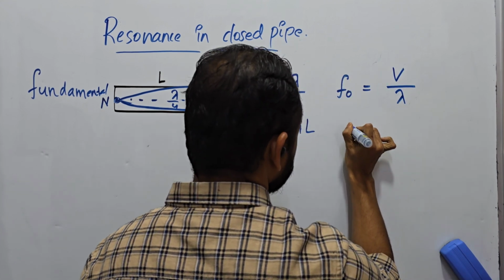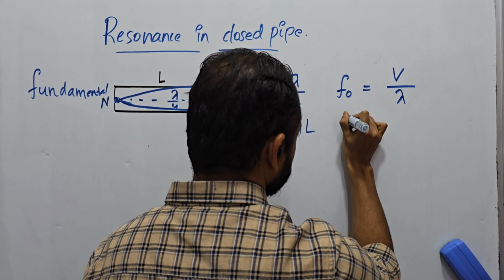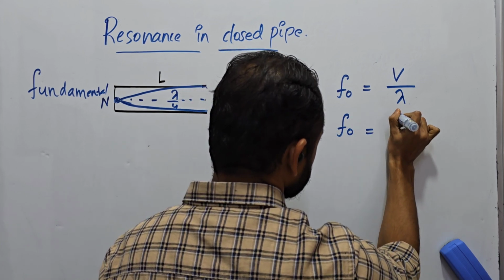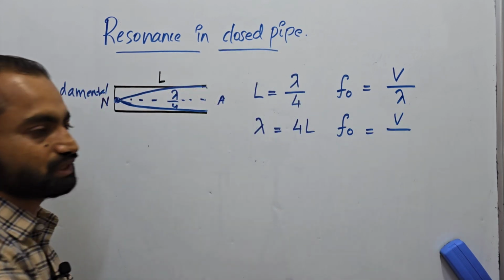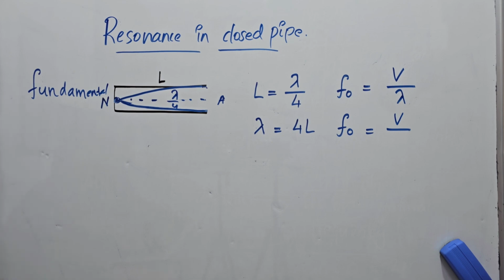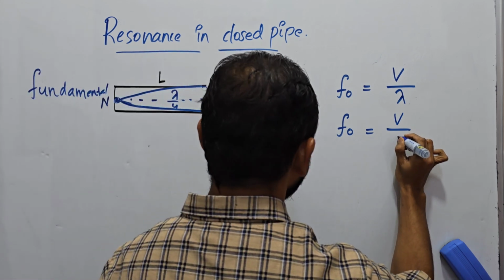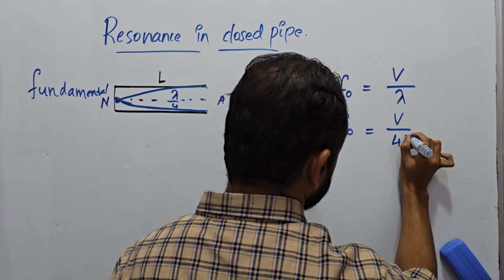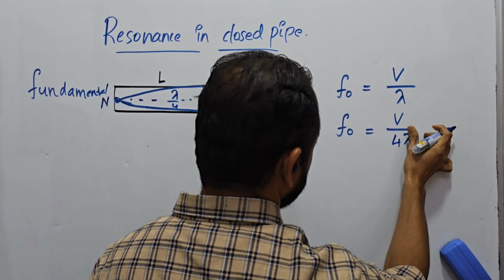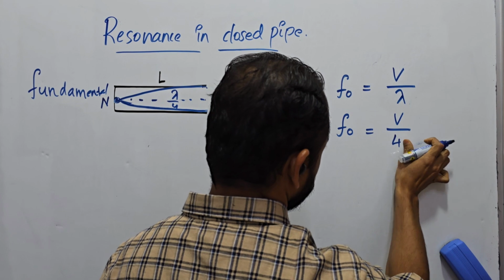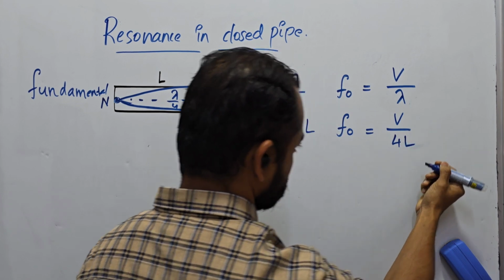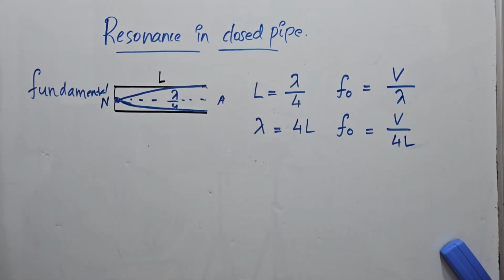V by lambda. So the fundamental frequency is equal to speed divided by lambda, and lambda is 4L. So f0 is v over 4L. This is the fundamental frequency of a closed pipe, not an open pipe.